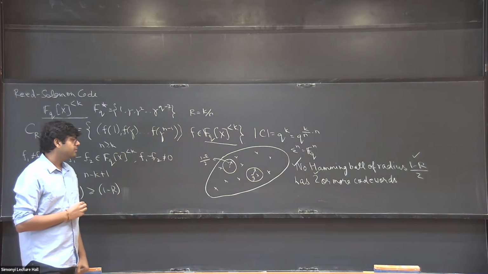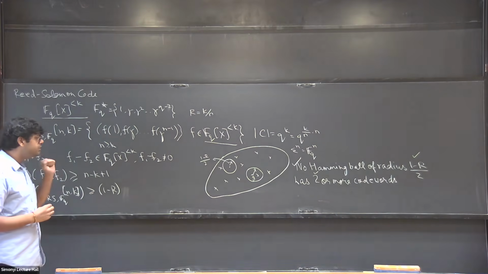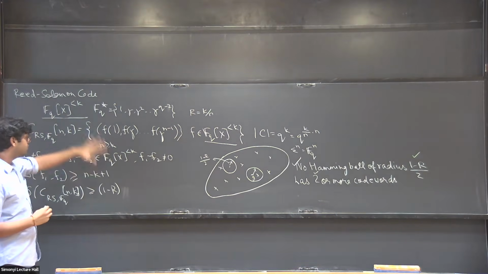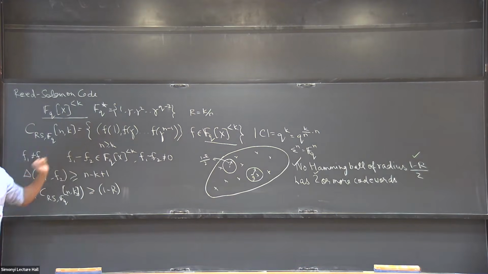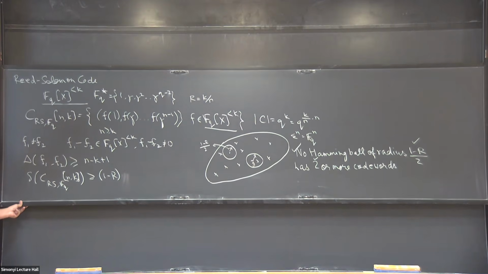Even as a statement, it should be interesting, because all of this was just following from the fact that a degree k polynomial cannot have more than k roots. So a generalization of that sort that involves 3 polynomials might be interesting in general. Unfortunately, we'll not be able to do it directly with this code. We'll have to modify it a bit, but let's build towards what that modification is.